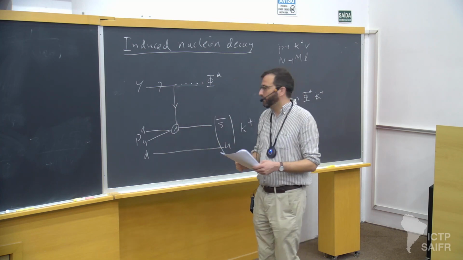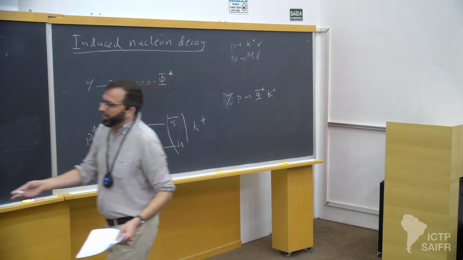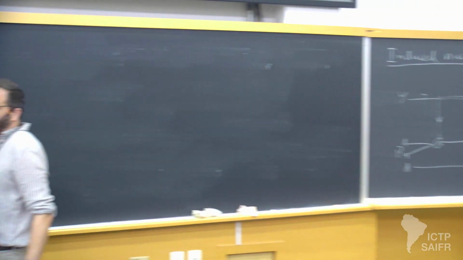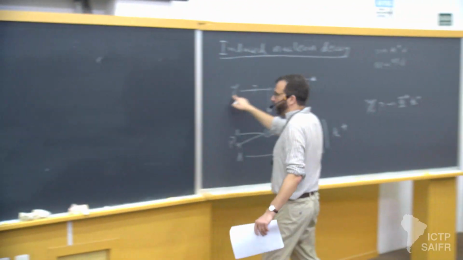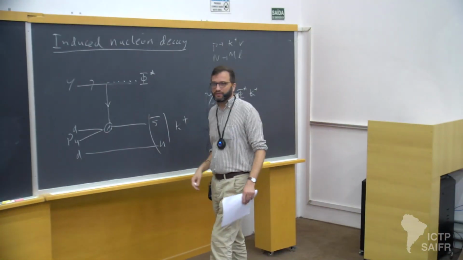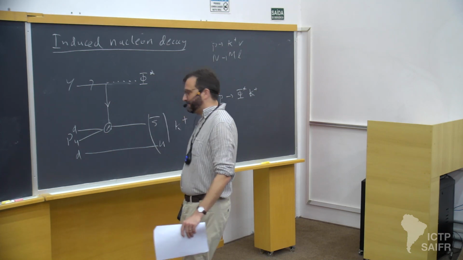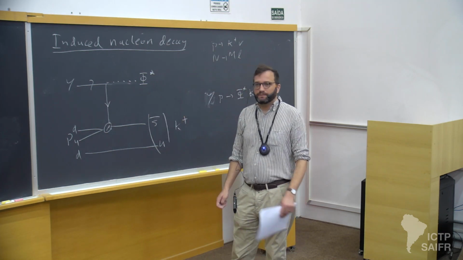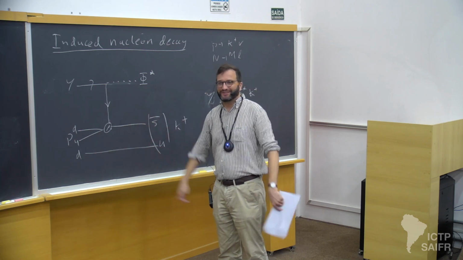And the masses of Y and Phi are similar? Yeah, they lie in this range. So this is like an elastic dark matter, because you have two states. Yes, exactly right. And you destroy a proton or a neutron.